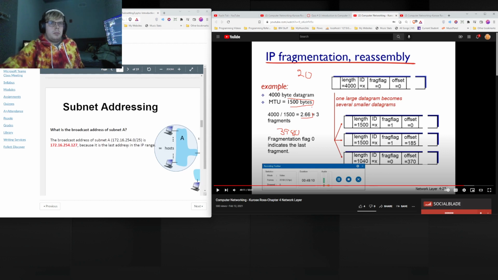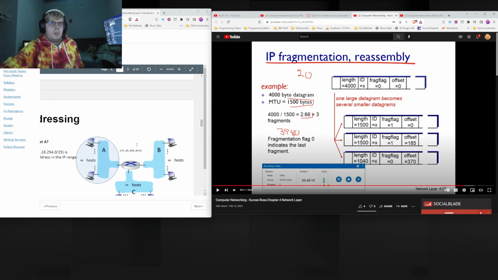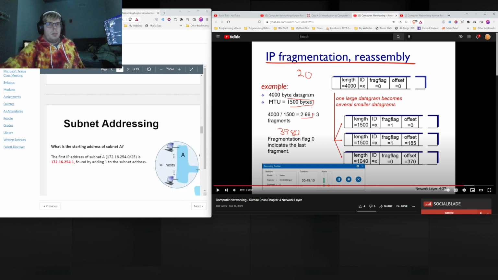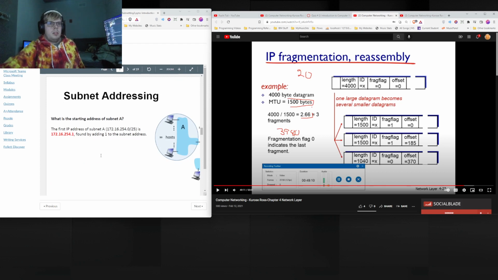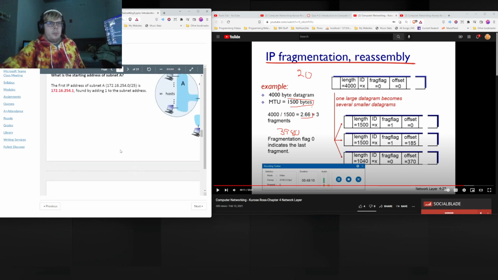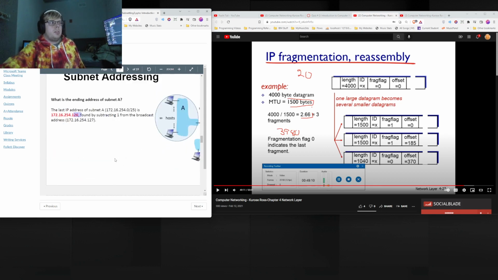Wait, so we do 25, okay. Of subnet A is because of the last, yep, that makes sense to me. The first IP address, the ending is 126. This all makes sense to me, that's why I'm kind of skipping over it.